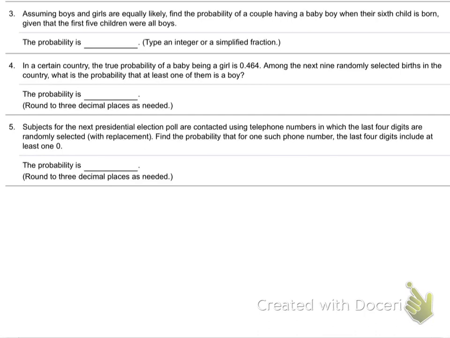Here comes number 3. Assuming boys and girls are equally likely, they are, about 50%, find the probability of a couple having a baby boy when their 6th child is born, given that the first 5 children were all boys.